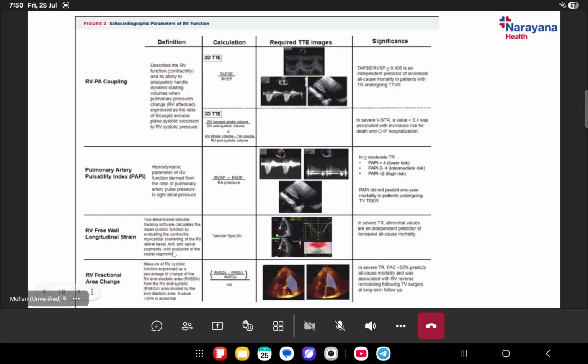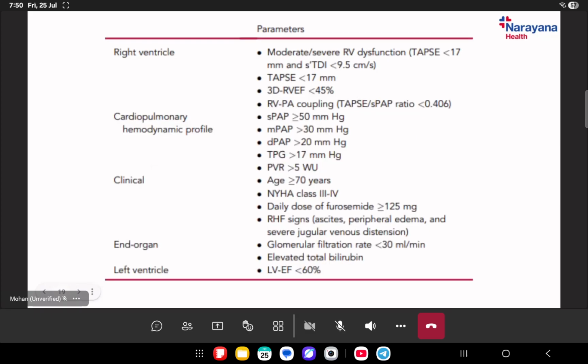Then the RV free wall longitudinal strain and RV fractional area change. And these are all the parameters which we can see for a comprehensive RV evaluation.